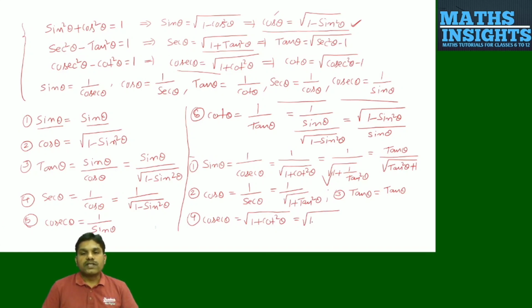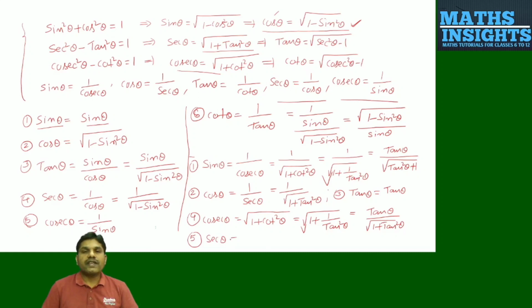Therefore, 1 plus 1 by tan square theta, and the square root is for the total fraction. Therefore, if you take LCM and cancel square and square root, this will become square root of 1 plus tan square theta by tan theta. So cosecant theta is converted into tan theta.